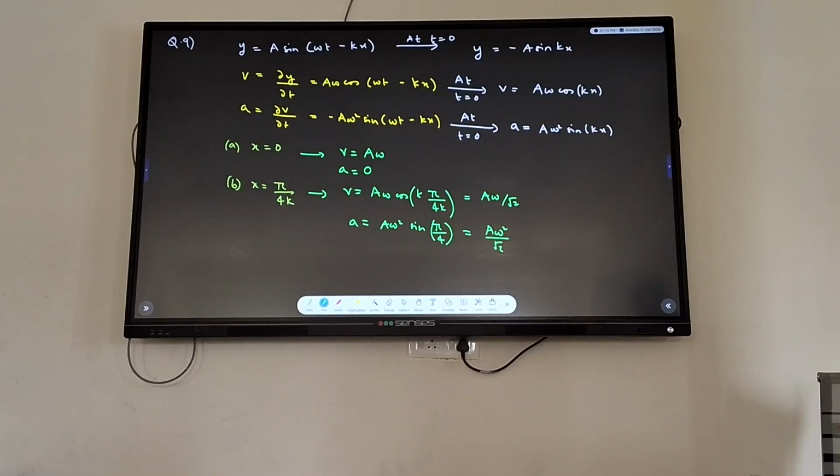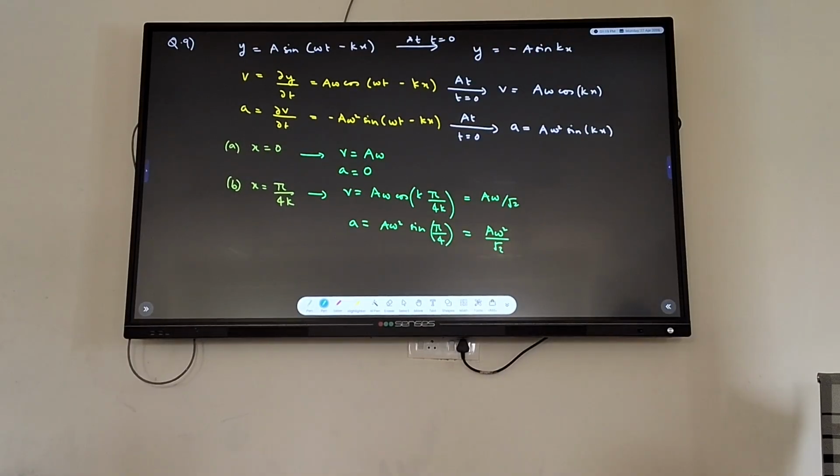So the particle is stationary, but what is the acceleration that you find at that point? A omega square. So the particle is going to speed up. Minus a omega by root 2 for b. It is slowing down. B is slowing down. Yeah, D may slow down.